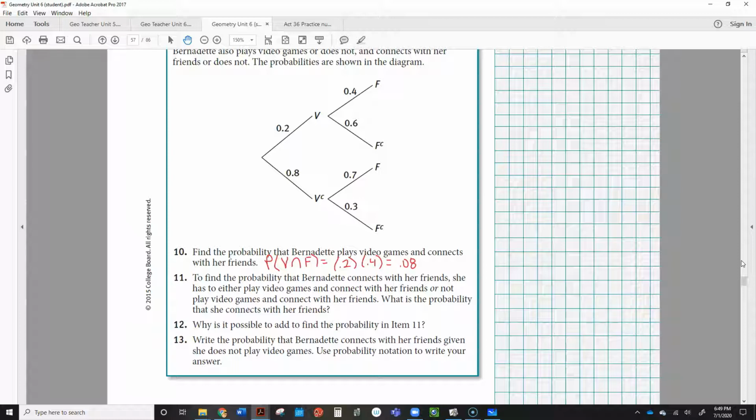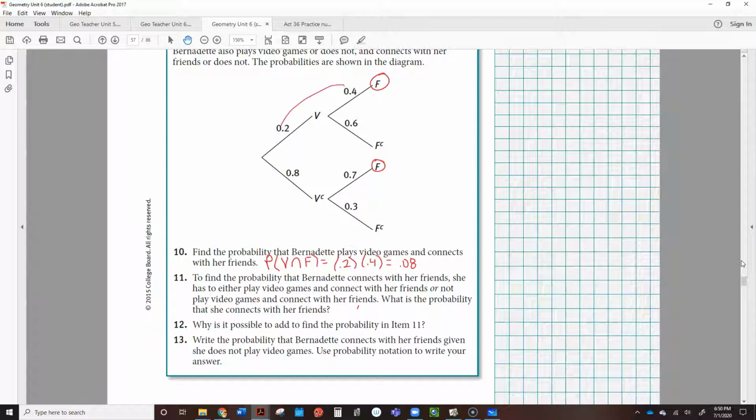To find the probability that she connects with her friends, remember, here's connects with her friends, so there's two different paths. She can connect with her friends after she's played video games, or she can connect with her friends after she has not played video games. So there's going to be two sets of numbers.